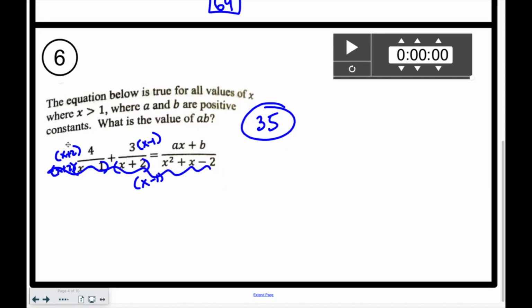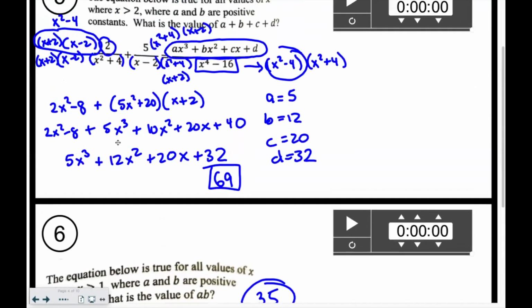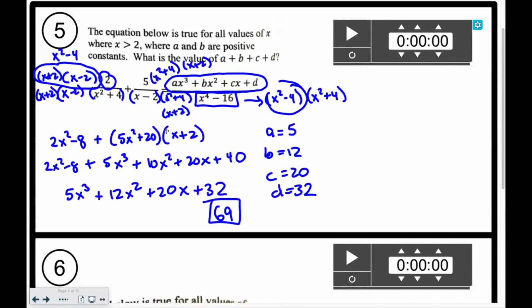You might just be able to jump right to this step where you get 4x plus 8 plus 3x minus 3, and you get 7x plus 5. So clearly A is 7 and B is 5. So it is also possible that in a problem like this, doing it this way might be faster. But certainly in this problem, if you understand regression in Desmos, that is significantly faster.